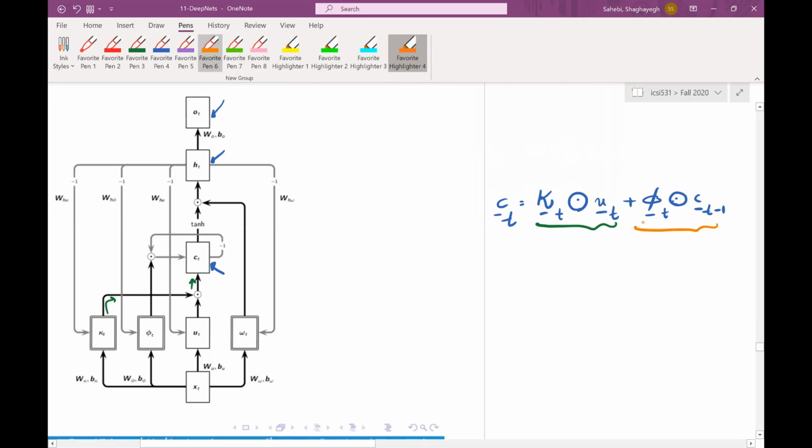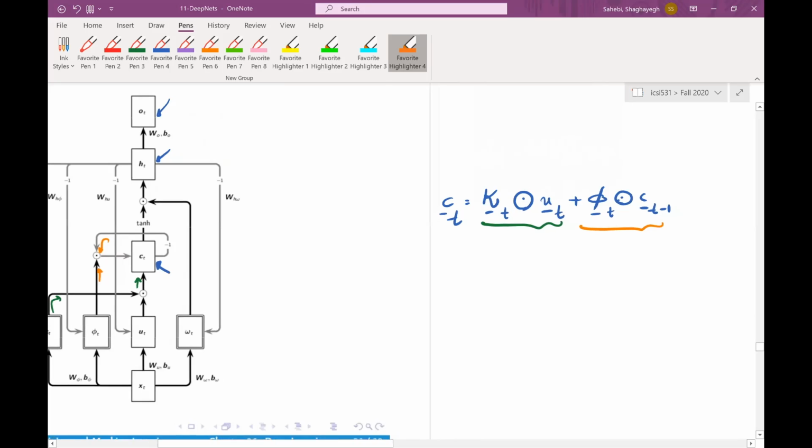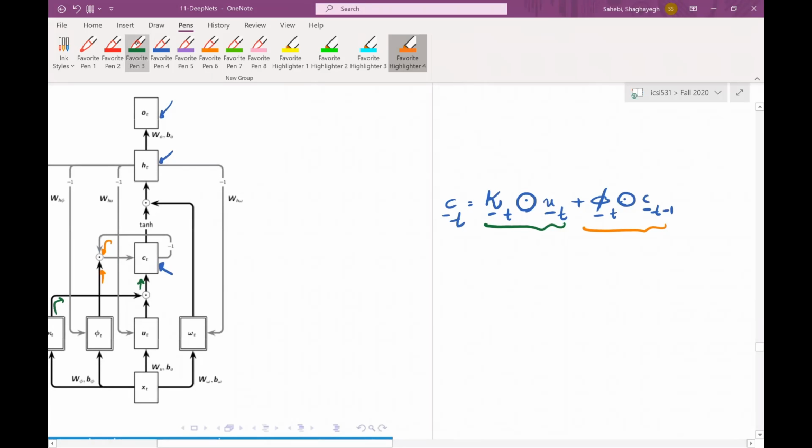First of all, U_t is the candidate update. It's coming from the input somehow. So it's thinking of how much of the input should I remember. That's why this is our input gate.